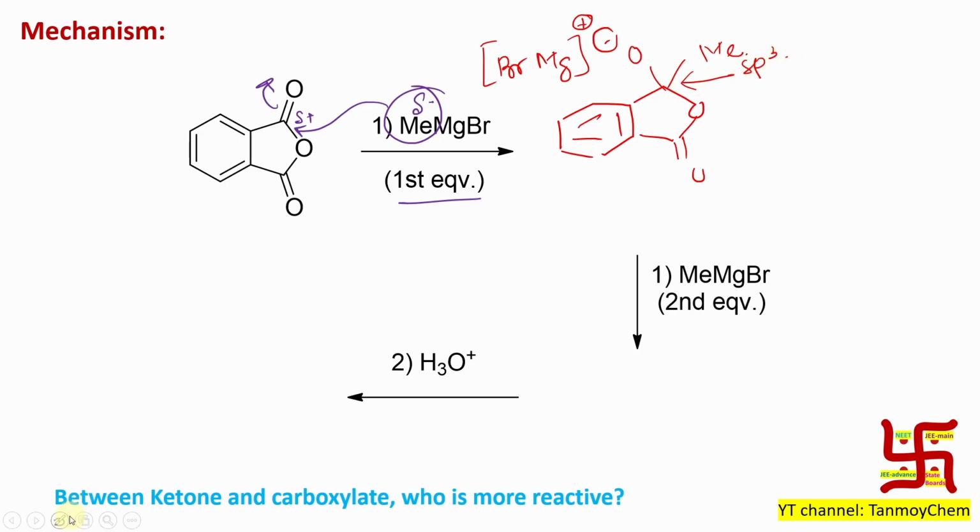So it can undergo further reaction, meaning this pair can come here and it can leave. So it will result in a ketone. By the way, preparation of a ketone in one step using Grignard reagent is difficult. Now this produces this one. Fine, done. Now why did this reaction happen?